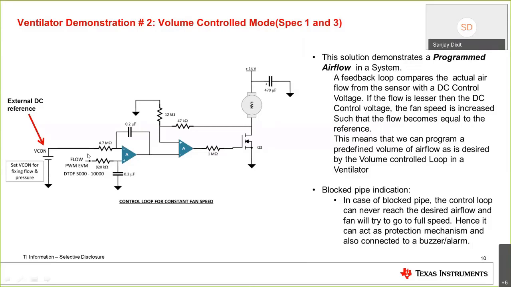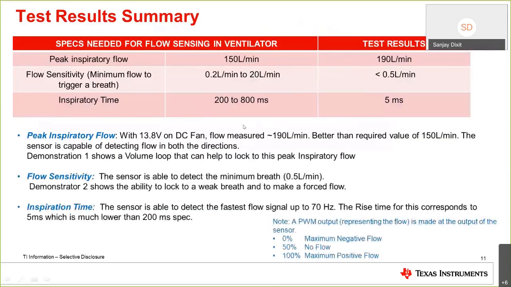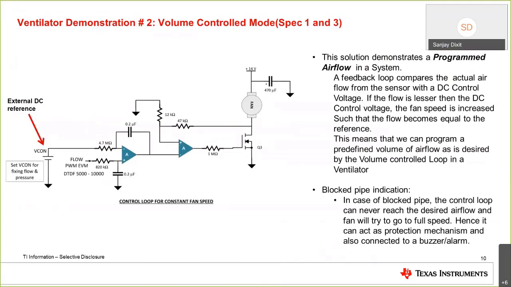The job of this loop is to make the flow coming from the air path equal to this control voltage. If the flow is less, then a signal goes to this MOSFET to drive the fan harder. So the system will lock at the point where the flow is equal to the control voltage that you give. If you block the pipe, the loop will try to blow harder and harder until it reaches its limit. But this is the second functional demonstration of how a ventilator works.